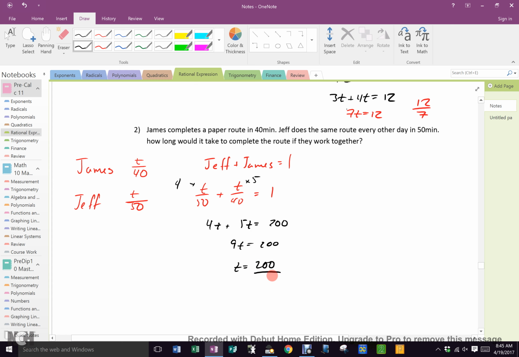200 over 9. Is that an answer? Is that how we tell time? No. When do you have to be there? In 200/9ths of an hour? But again, this is our mathematical answer. What's our real life answer?